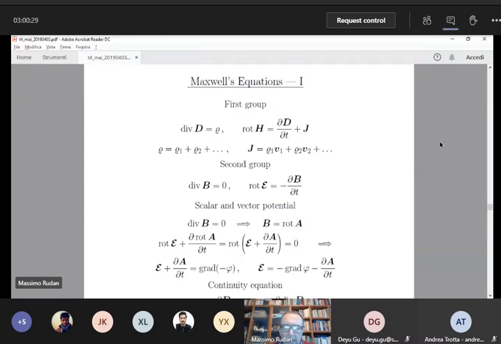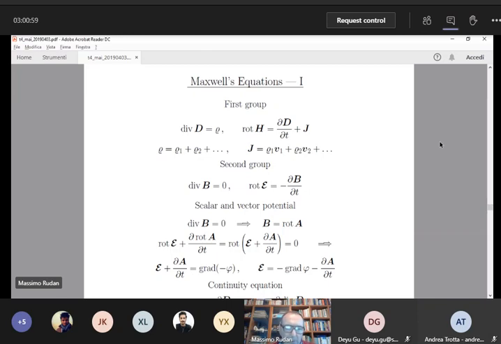How do we write down the charge density? In general, what we do is we express the charge density as the sum of all the possible different types of contributions to the charge density. So the charges of type 1 have a concentration, a charge density, equal to rho 1.